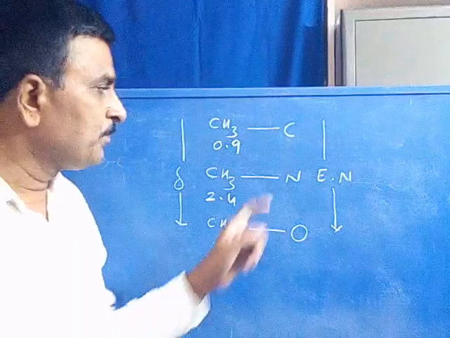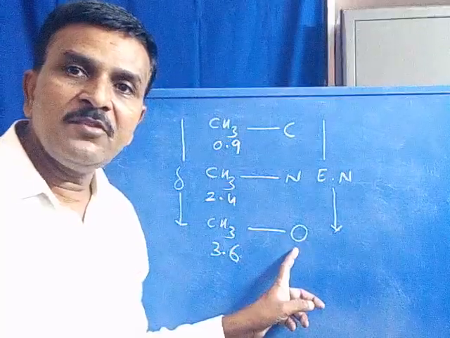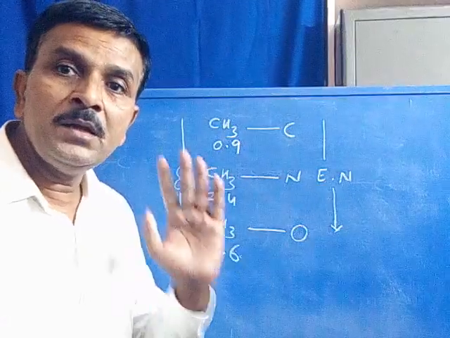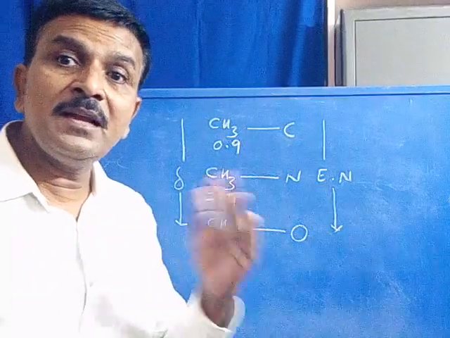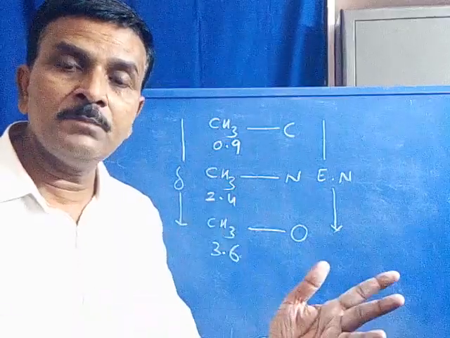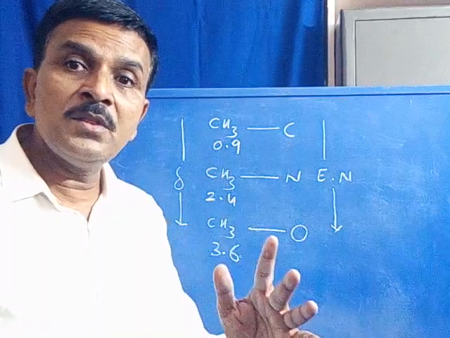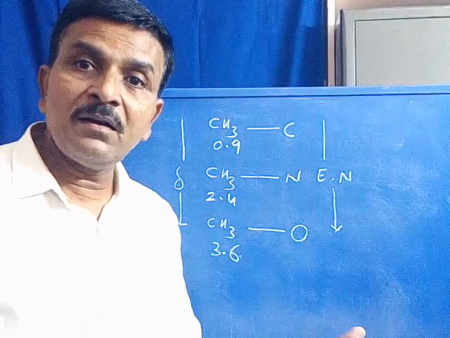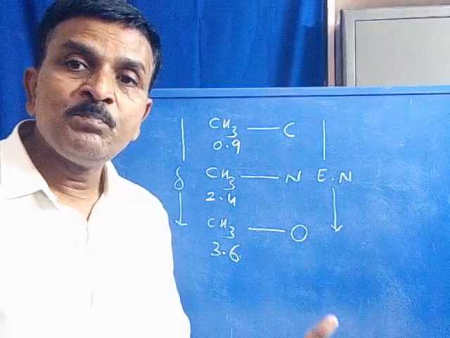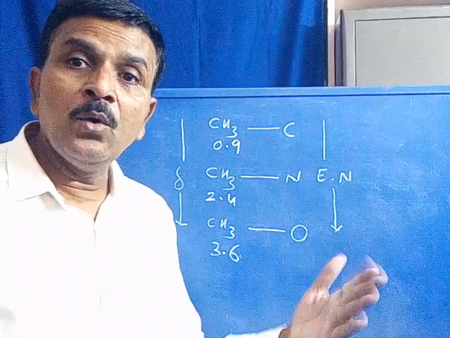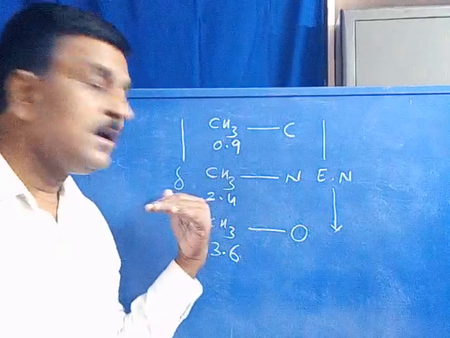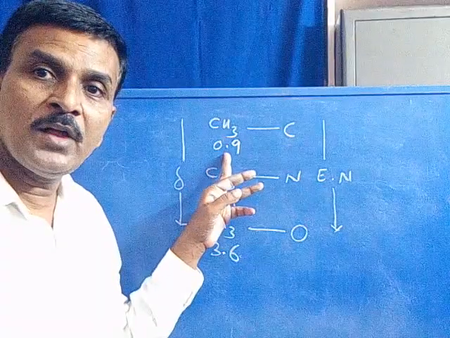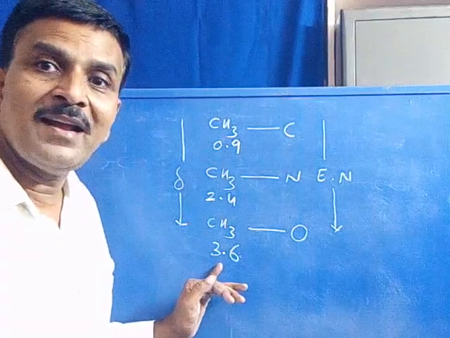You can see, as electronegativity increases, the delta values also increase, 0.9 to 2.4 and 3.6. What happens when electronegativity increases? The electron density around the CH3 protons further decreases. As the electron density around the proton decreases, they absorb energy at lower frequency value, and hence the signals appear at higher delta value. 0.9 is the lower delta value, 3.6 is the higher delta value.